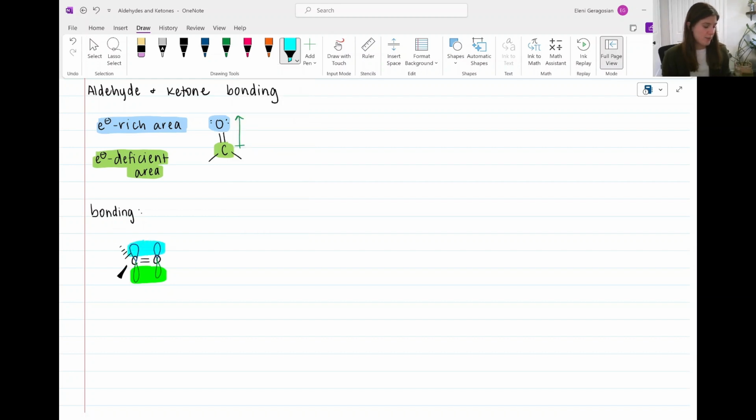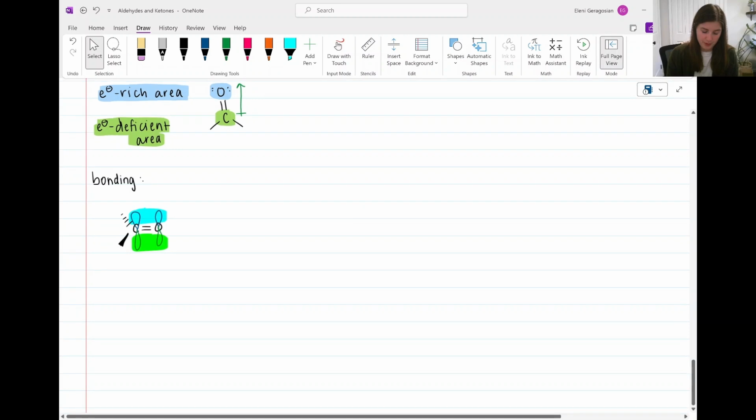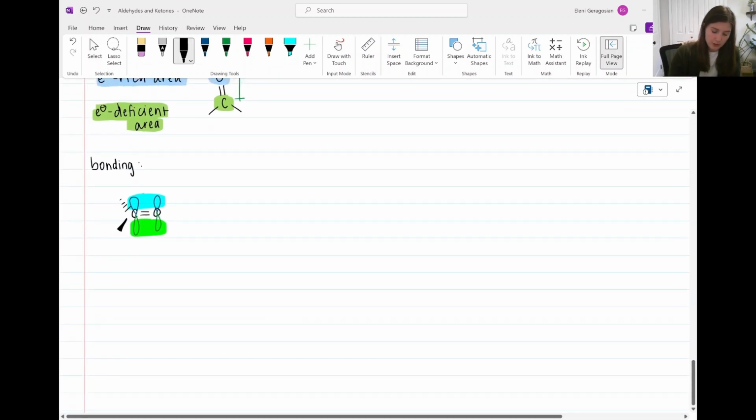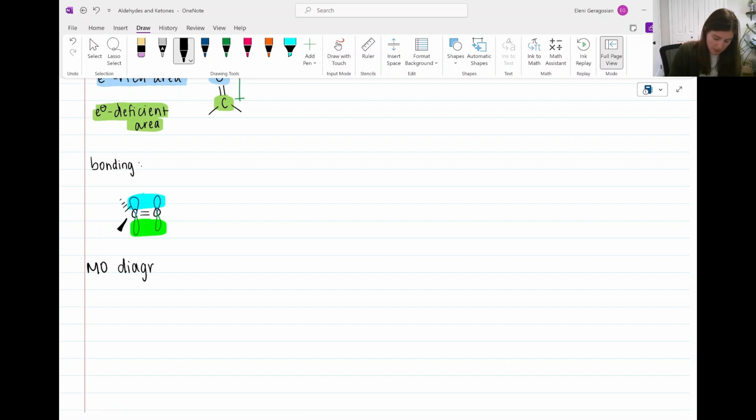We're going to talk a little bit more deeply about that molecular orbital here, and we will draw the MO diagram. We're just looking at this p orbital only.